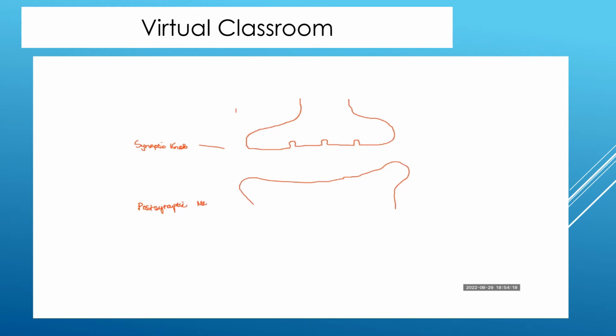So we have presynaptic membrane and postsynaptic membrane, and this may be a dendrite and this might be an axon. So the type of synapse which will be formed will be axodendritic. And you can see this gap between the two neurons. This is known by the name of synaptic cleft. So we have these three structures: the presynaptic membrane, the postsynaptic membrane, and in between we have the synaptic cleft.